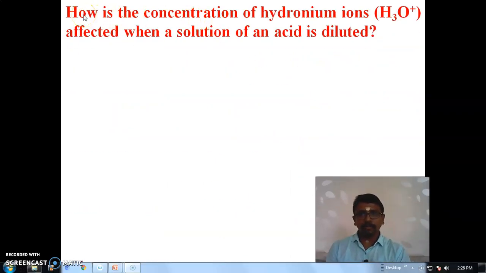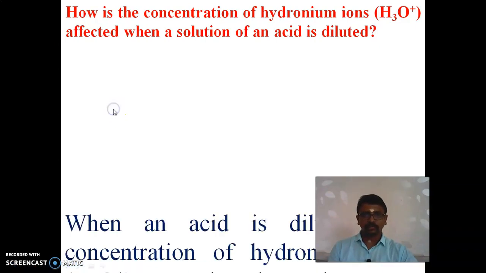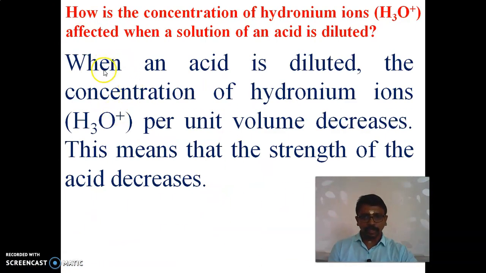Next is, how is the concentration of hydronium ions affected when a solution of an acid is diluted? When an acid is diluted, the concentration of hydronium ions, that is H3O plus per unit volume, decreases. This means that the strength of the acid decreases.